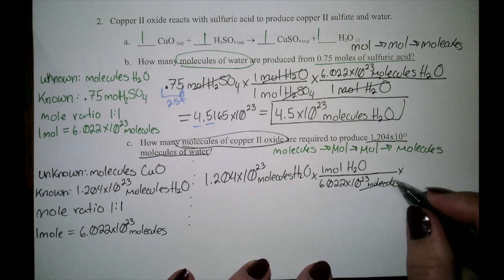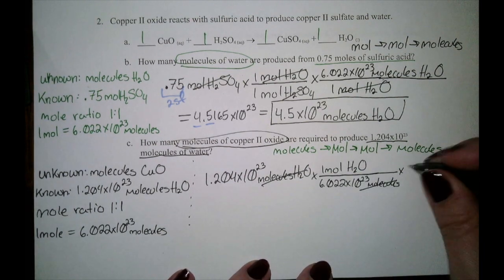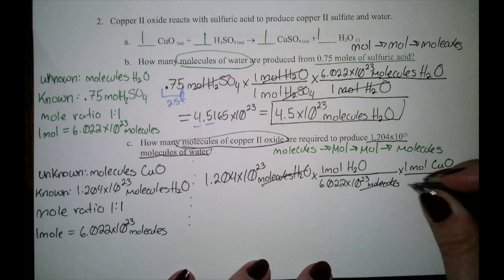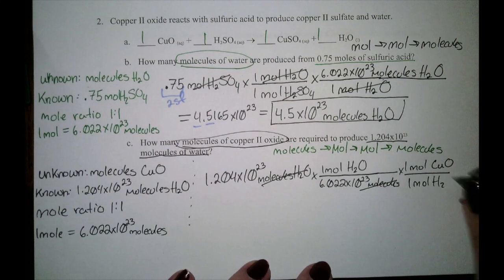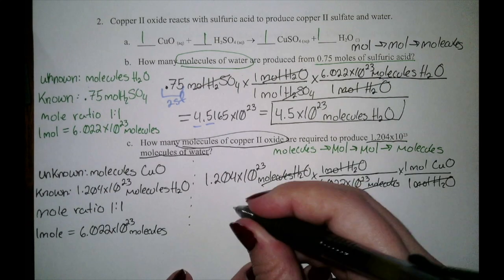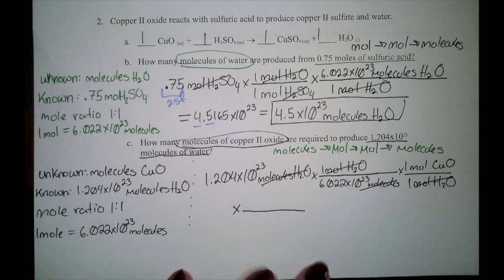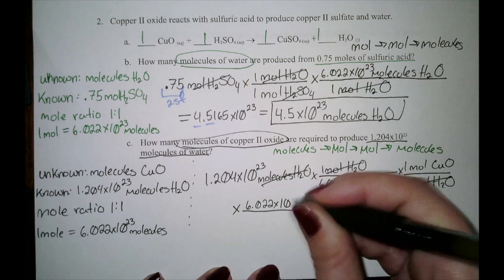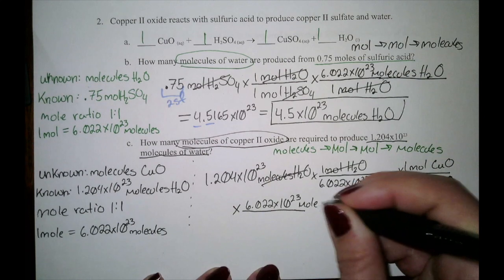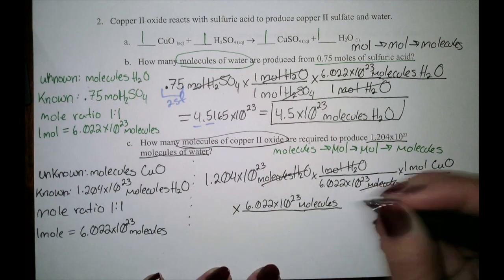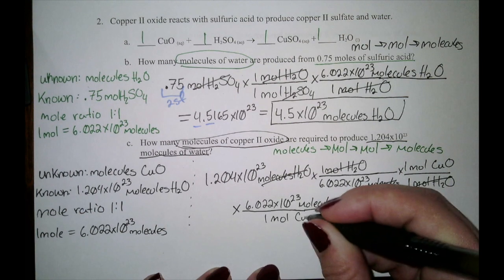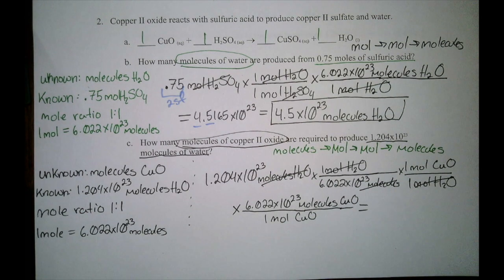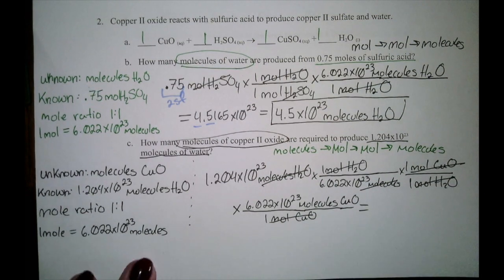And now that we have moles of water, we can use our mole ratio to convert to moles of copper 2 oxide. And lastly, we're going to use Avogadro's number again to convert finally to molecules of copper 2 oxide.